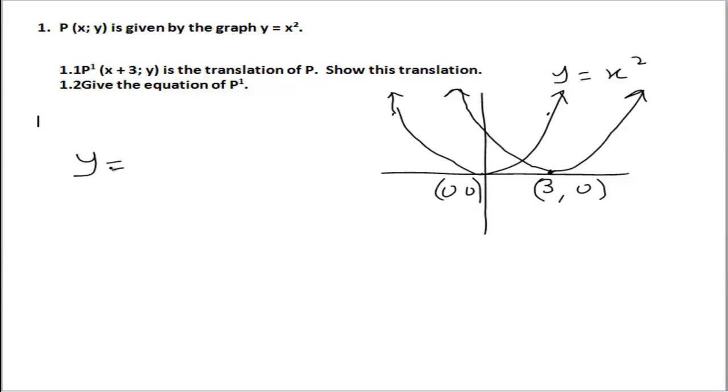So if I say x plus 3 here, and make it x plus 3 all squared, I'm going to end up with a problematic result. In other words, if I did this, x plus 3 all squared, and since there's no movement of y, we don't have to worry. Now that is obviously going to be x squared plus 6x plus 9, and the axis of symmetry here is minus b over 2a, so it's minus 3.